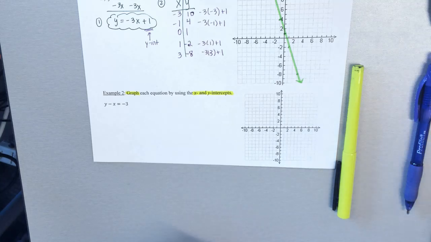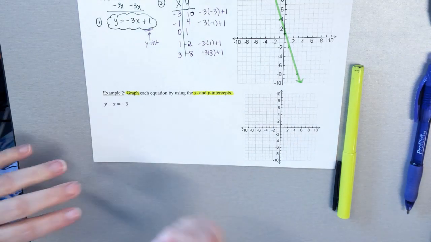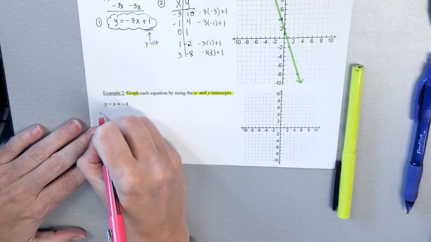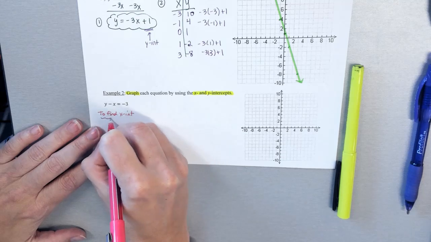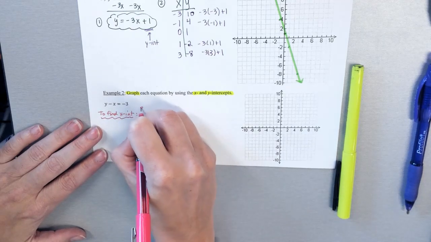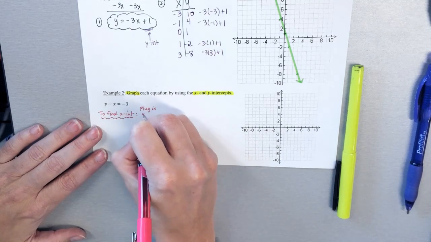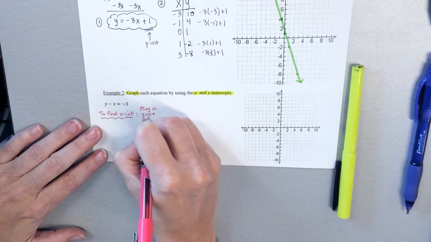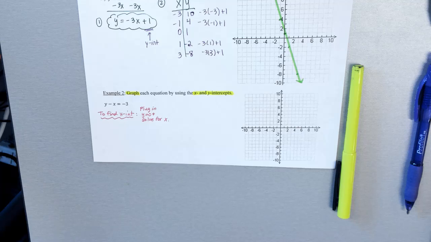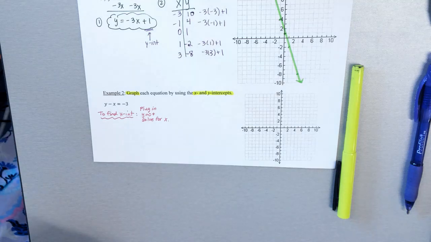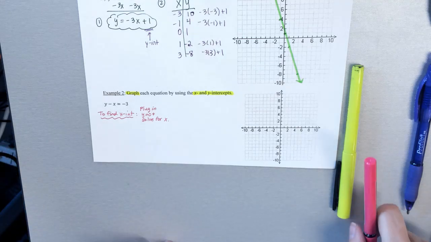For every single x-intercept, the y is 0. So to find the x-intercept, you can plug in y is 0, and then what you end up doing is solving for x. So you can plug in y equals 0 and solve for x.